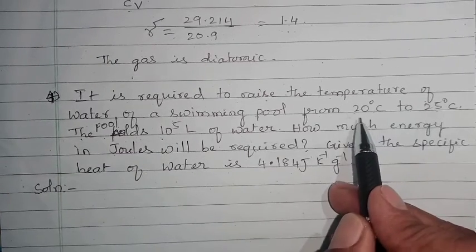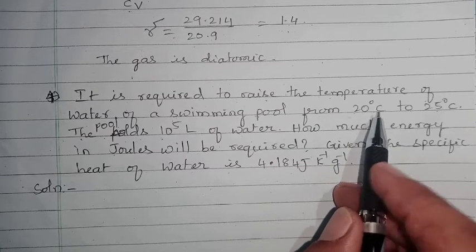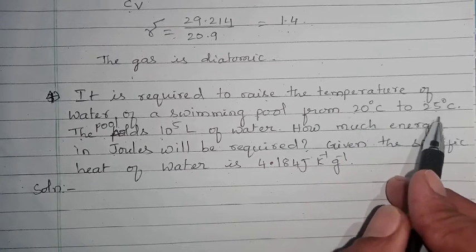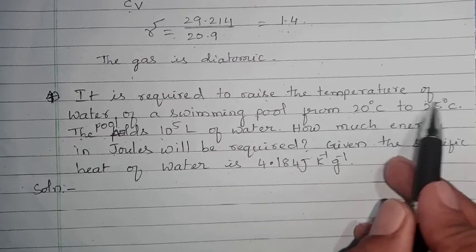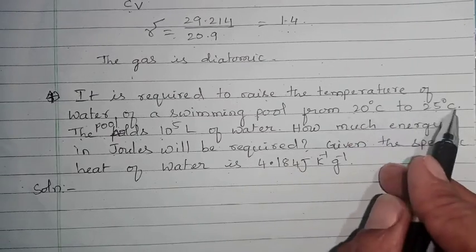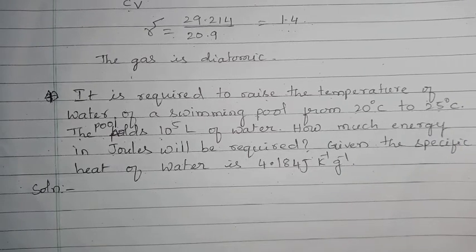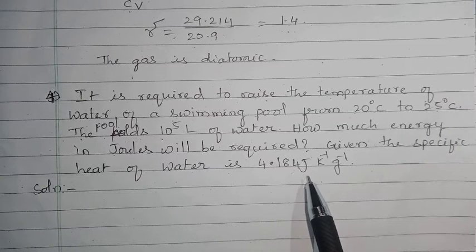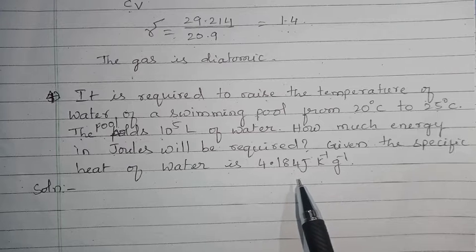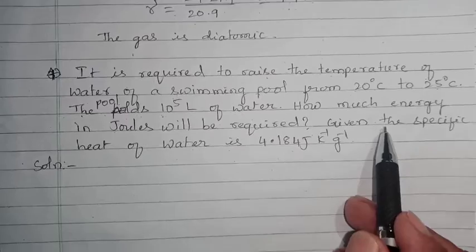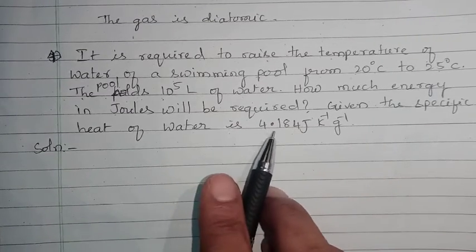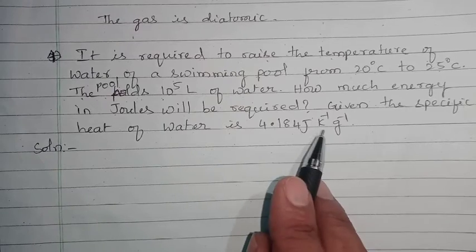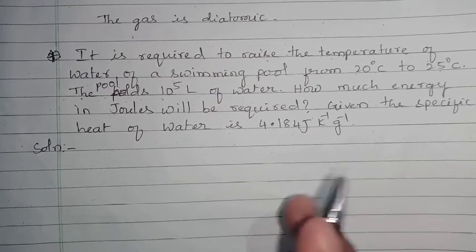The initial temperature of water is 20 degrees Celsius and the final temperature is 25 degrees Celsius. So here delta T, the rise in temperature, is 5 degrees Celsius. How much heat is required for this process? We have to calculate the Q value. The specific heat of water is given as 4.184 joules per Kelvin per gram.